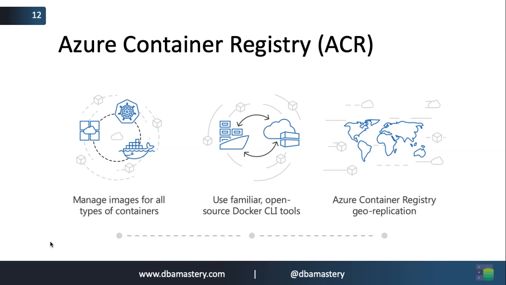Okay. It provides geo-replication, which I think it's a really cool feature. It takes a couple of clicks to set up this feature, and you will start replicating instantaneously all your Docker images from one region to another.